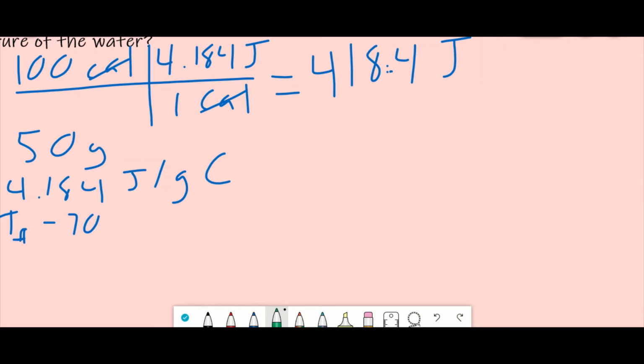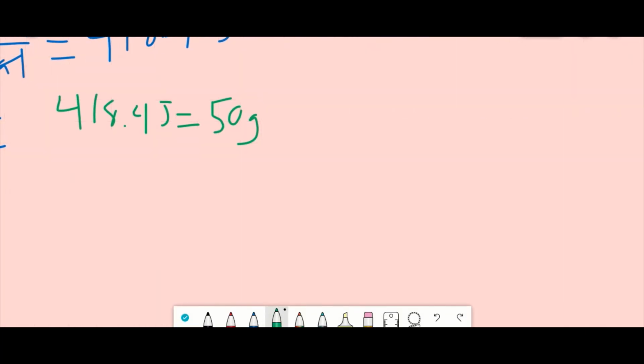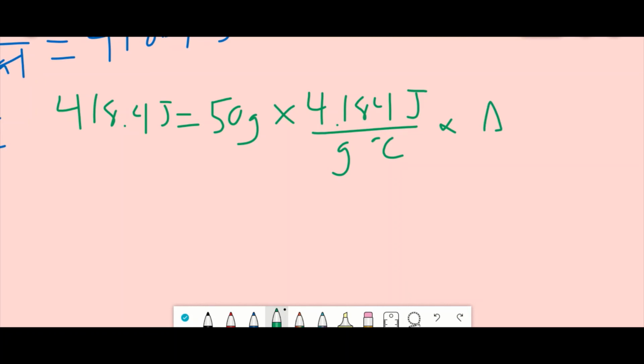So we have our Q, which is 418.4 joules, is equal to 50 grams times 4.184 joules over gram degrees Celsius, and then times delta T. So we've got to figure out what delta T is here. You could have also just rearranged the equation with delta T on the other side, but I'm going to show it this way.